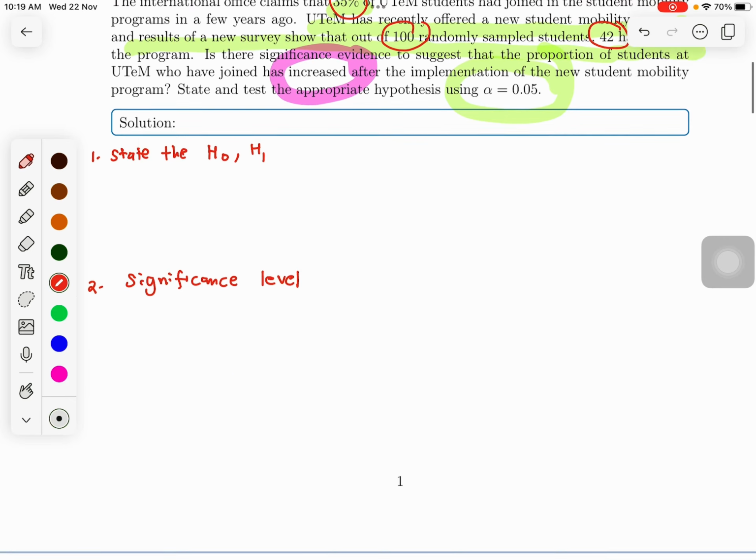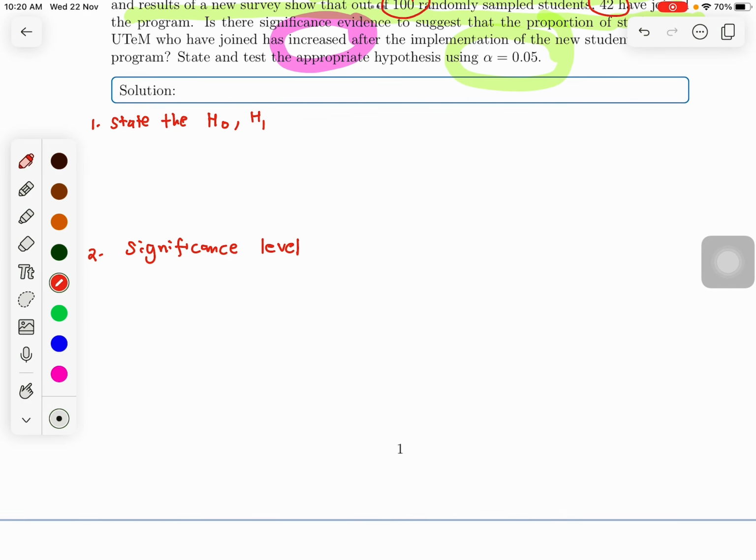And number 3, we need to calculate the test statistic.